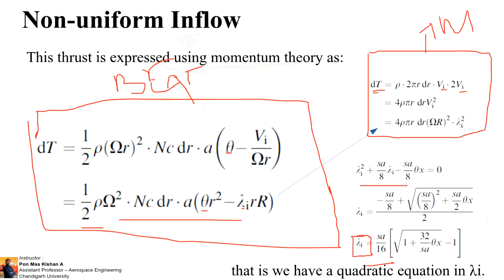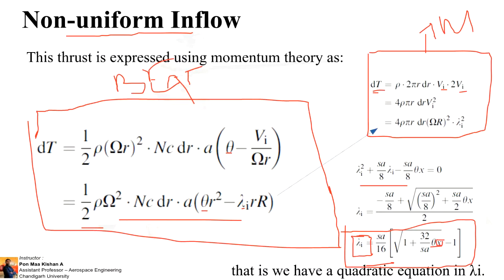Although we identified induced velocity in the momentum theory, this equation which we found at the end will give the non-uniform inflow velocity, because the change in pitch angle is included, that is theta multiplied by x. x is nothing but small r by R. Based on that, our lambda i will also vary.